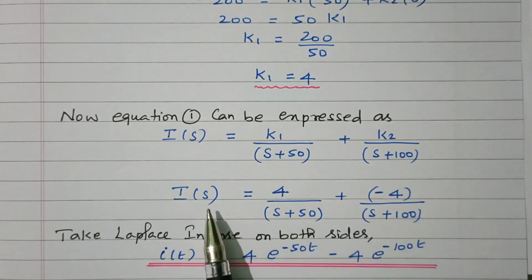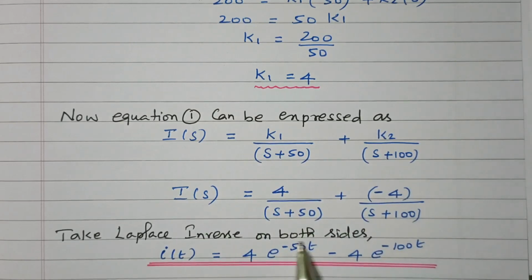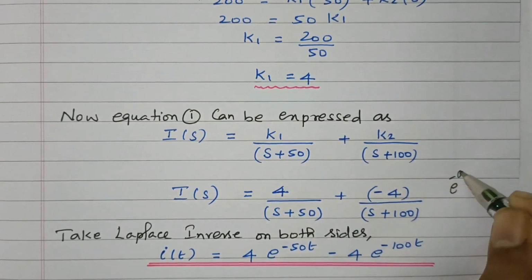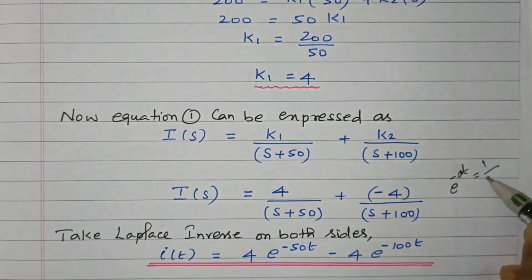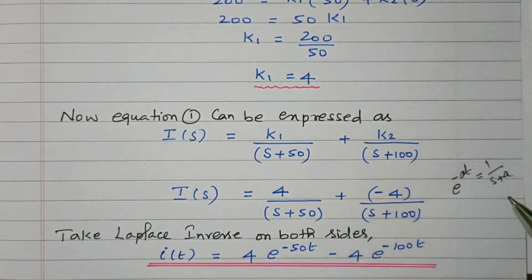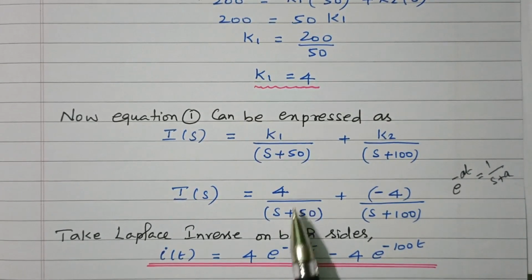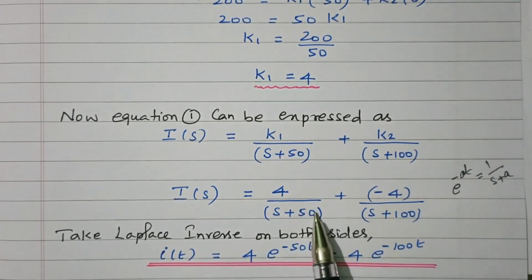Now we'll take the inverse Laplace on both the sides. We are using the same formula, e power minus at equals 1 divided by s plus a. So 4 is constant, and 1 divided by s plus a, where a is 50, gives e power minus 50t.